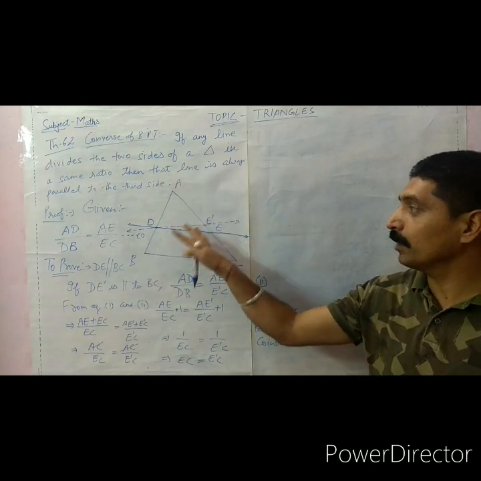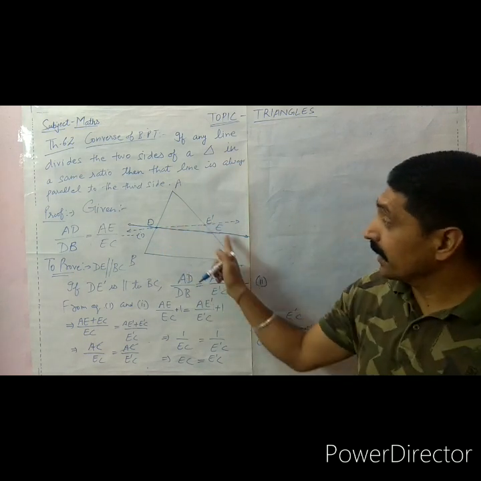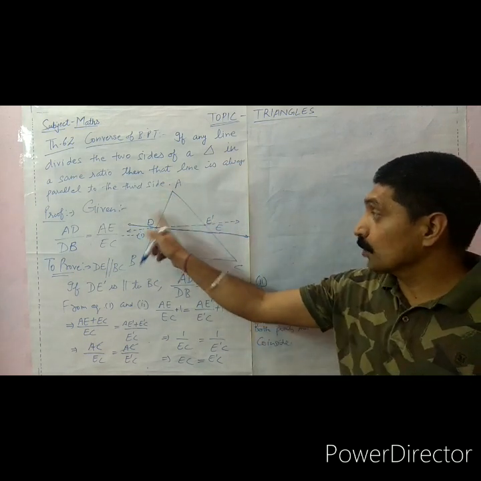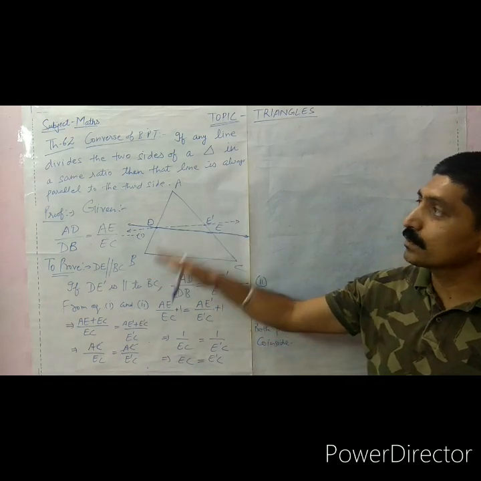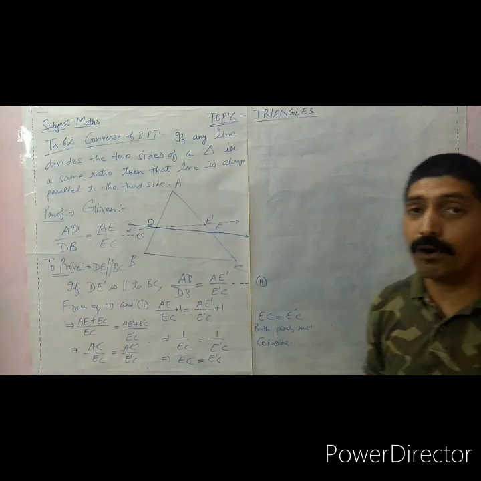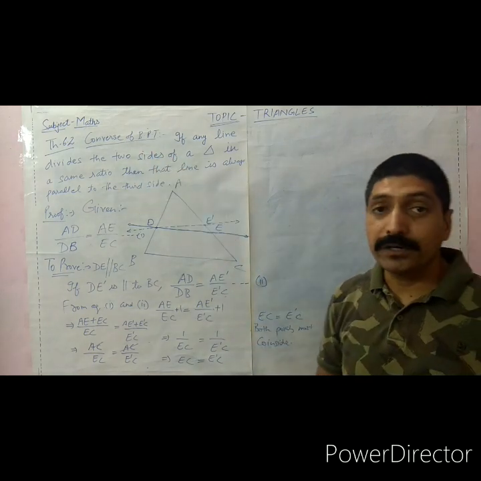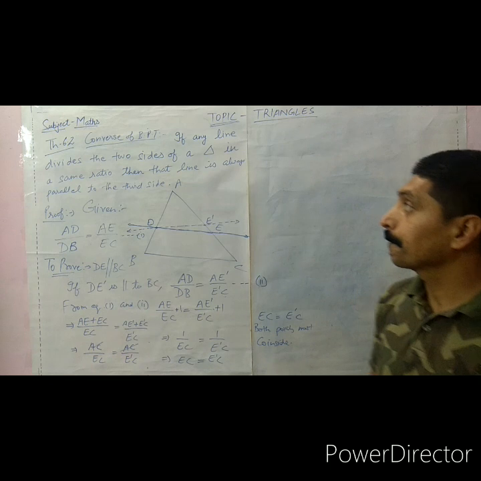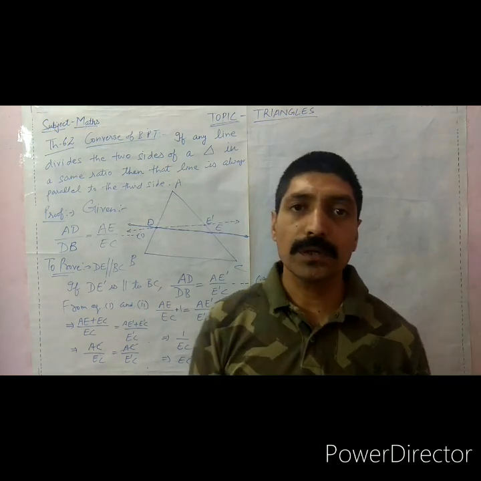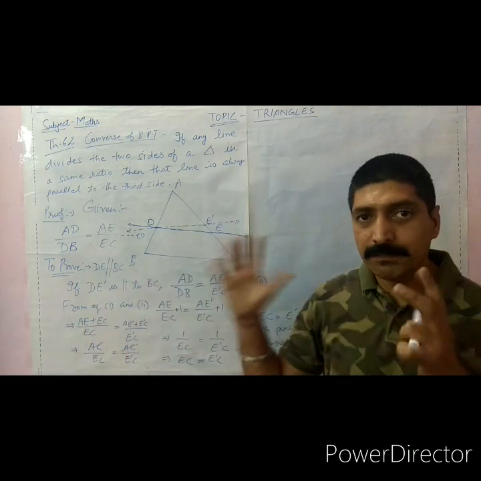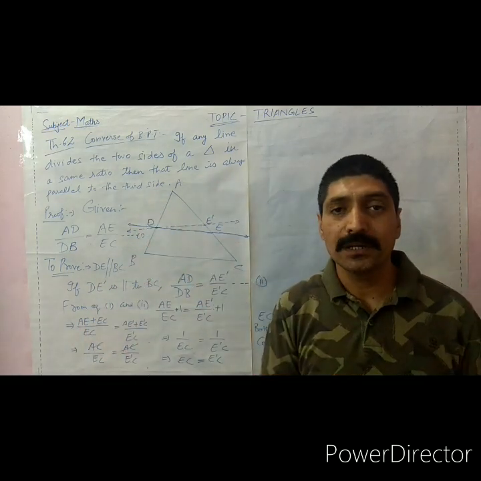There will be only one point, so that DE is always parallel to BC. So this is the proof of theorem 6.2. Now I hope you are very clear with these two theorems.